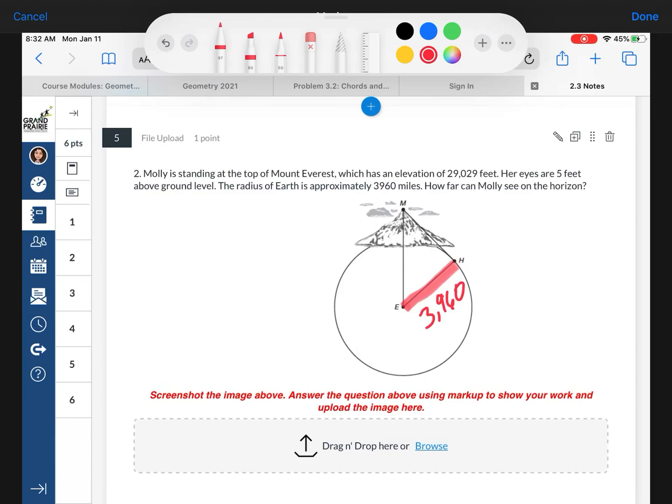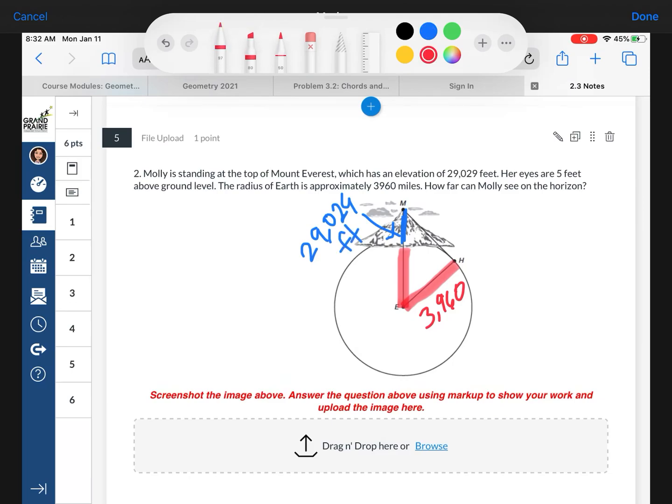And that means that this part is also that distance, right? Because that's also a radius. And so we're just going to say that's the same thing, 3,960. But now the mountain, how high is this mountain right here? The mountain would be 29,029 feet, let me write that better.